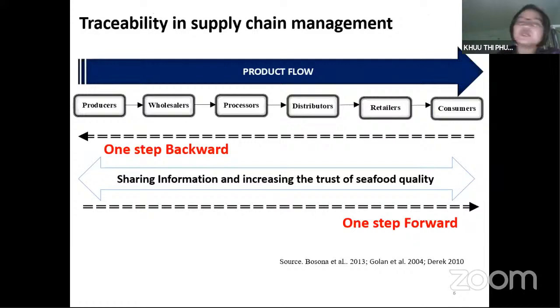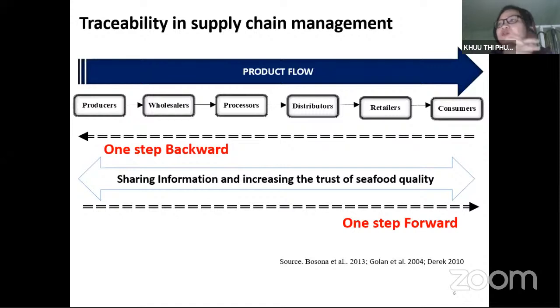So, what is traceability? As you can see in the slide, traceability is the process to share information and increase the trust of seafood quality.